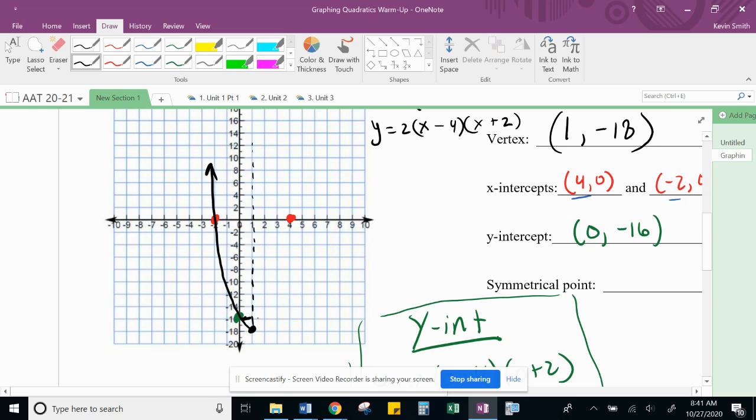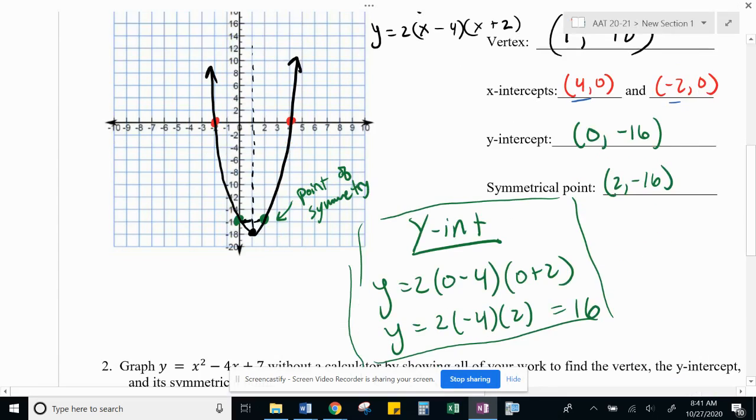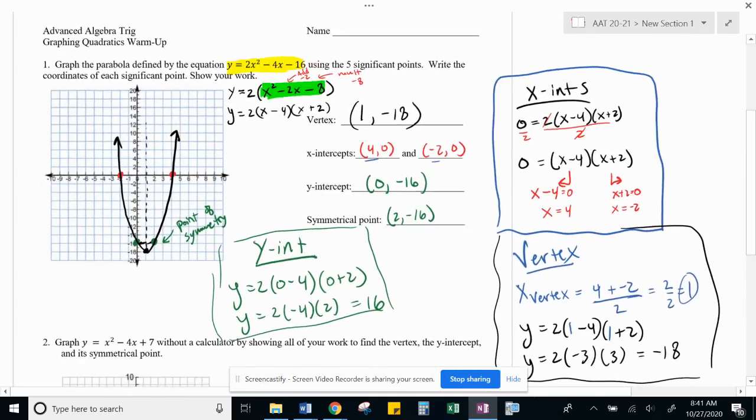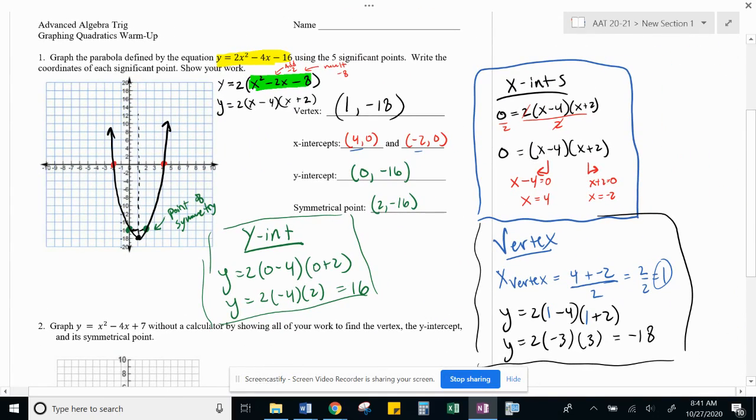So if the point's symmetrical, I'll have to go a distance of 1 out here. And this will be my point of symmetry, or symmetrical point to the y-intercept, right? And so that point would be 2 comma negative 16. Okay, and so this is your factored form.